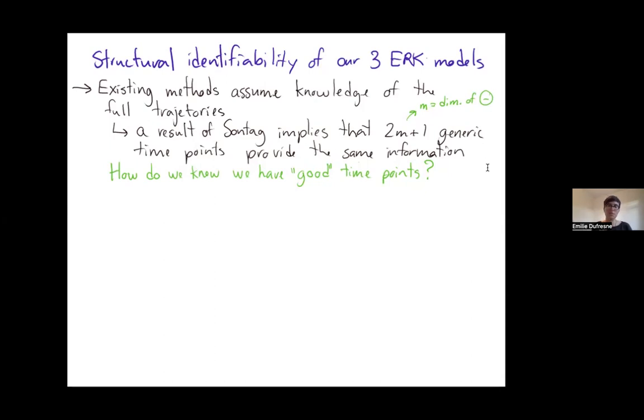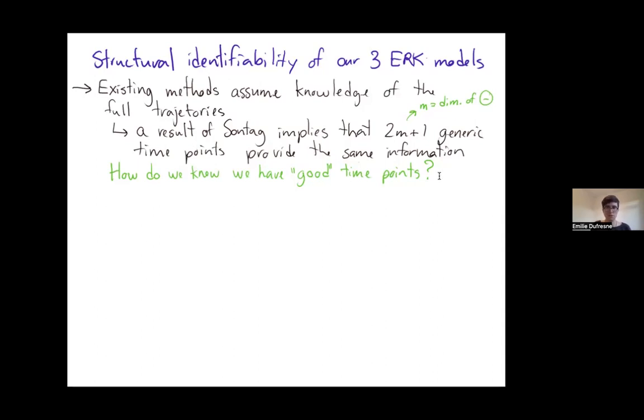So in my examples, I had dimension 6 for the full ERC model, dimension 5 for the rational ERC model, and dimension 3 for the linear ERC model. So 2 times 3 plus 1 is 7, which is exactly the number of time points I had.